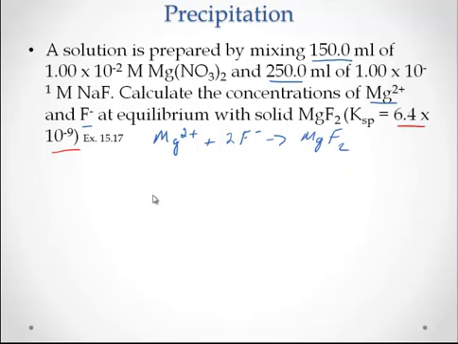So fluoride, let's see, if I take 250 times 0.1, how many millimoles is that? Well, hopefully you're going, well, duh, it's 25, right? Okay, so we've got 25 millimoles.